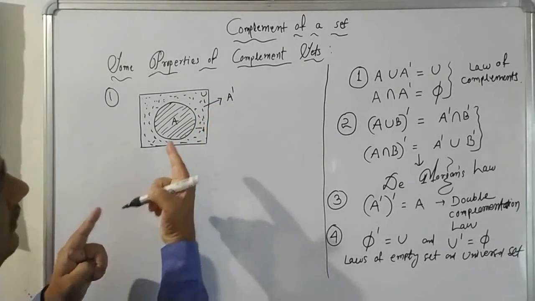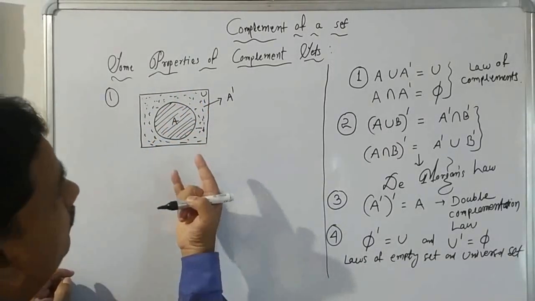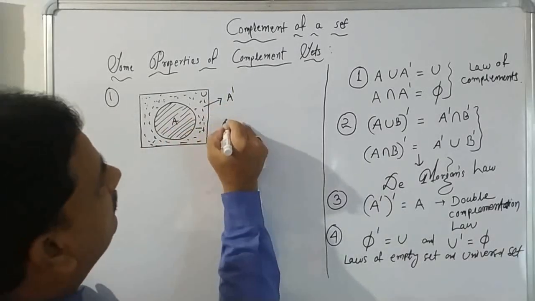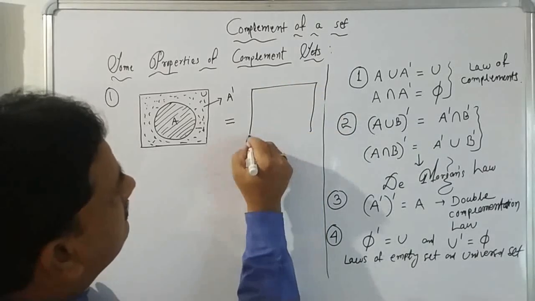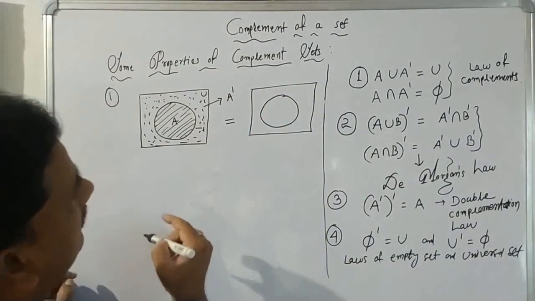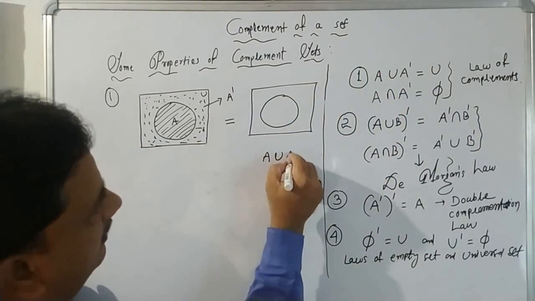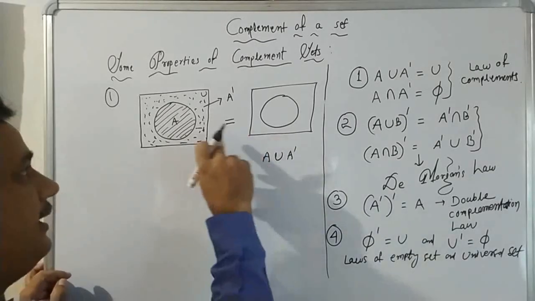So here this is A, and this is A dash, complemented. Now it's a union. Union means you have to show all the elements of this and this. A union A dash means you have to show all the elements of A and A dash.